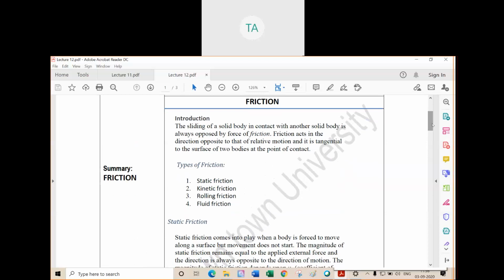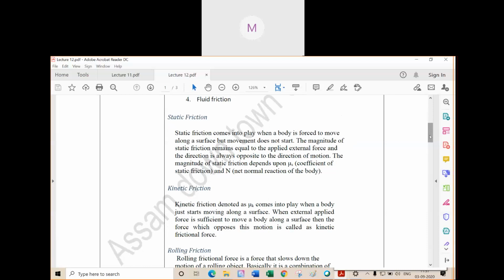Is that correct? Someone is saying I'm not able to hear your voice. Can you please write in the chat if you have a problem? Someone is saying to repeat the definition again. Is my voice not clear?